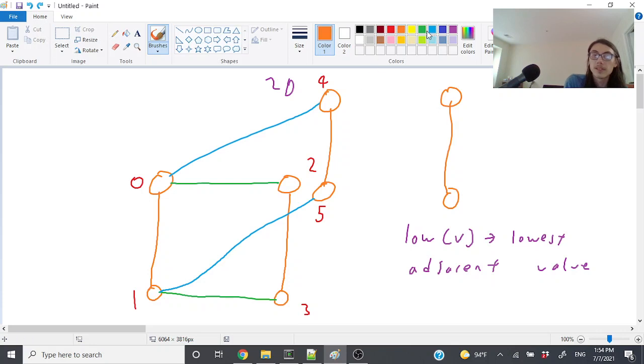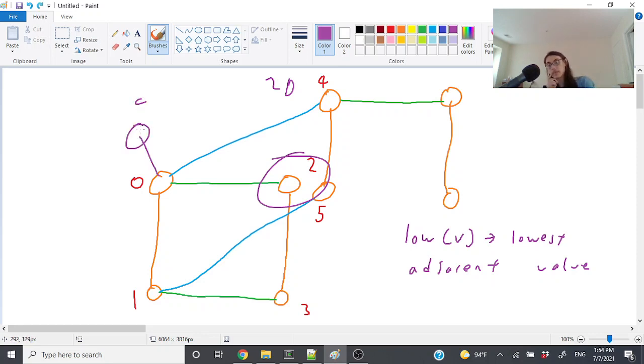So here we look through the adjacencies of 4. We find something such that its low value is equal to 2. And then if we were constructing a 3D, we would look for something with the low value of 4, and so on. The way to do this nicely is, for this vertex, we sort its edges with the comparator as the low value.